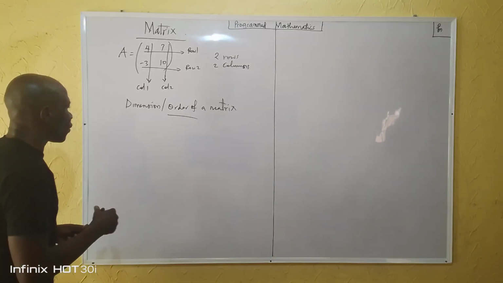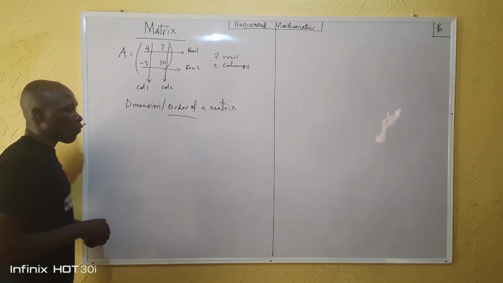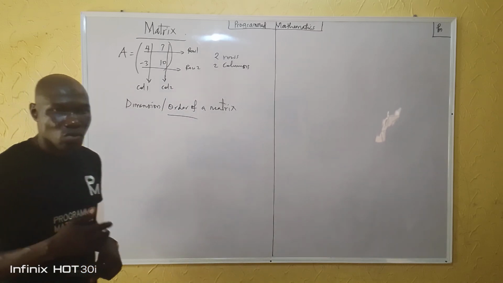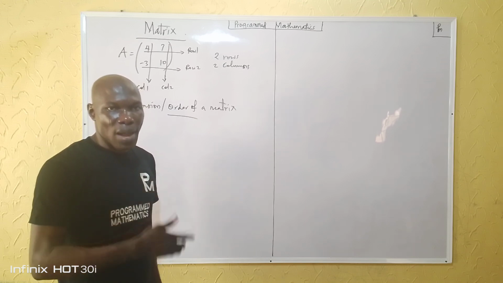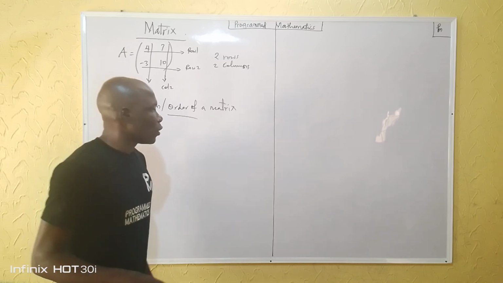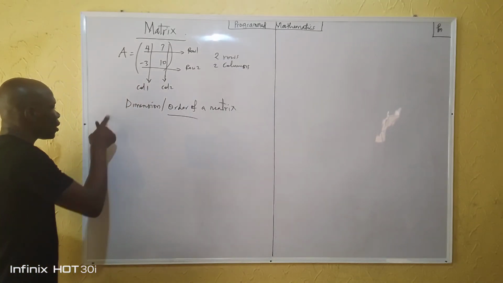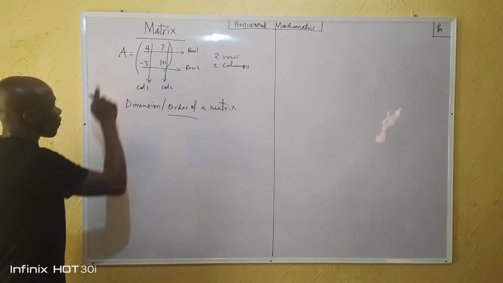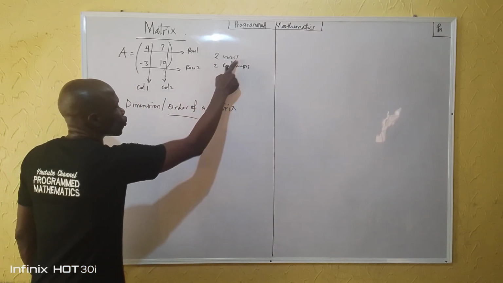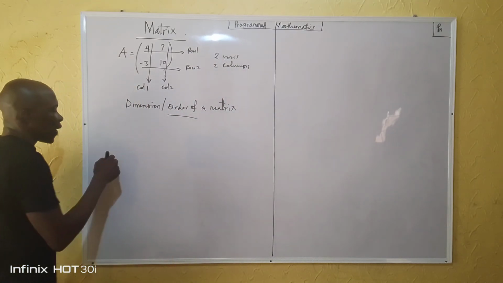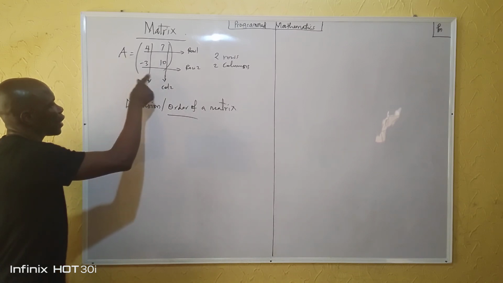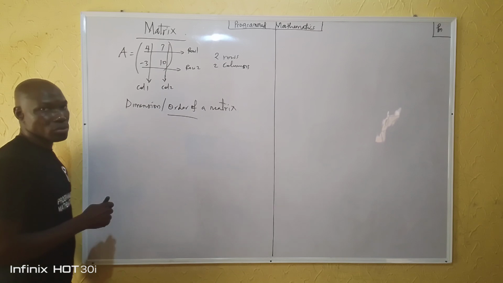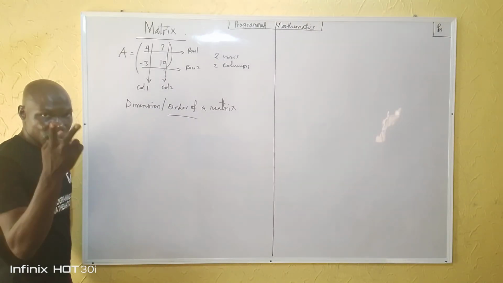When we talk about the order of a matrix, it is a question of how many rows and how many columns the matrix has. So if matrix A, like you have up here, has 2 rows and 2 columns, then we say that the order of matrix A is order 2, because they are the same.